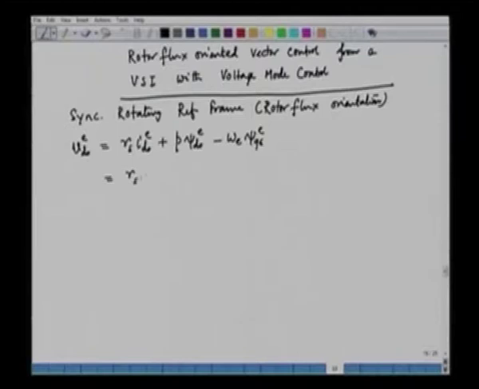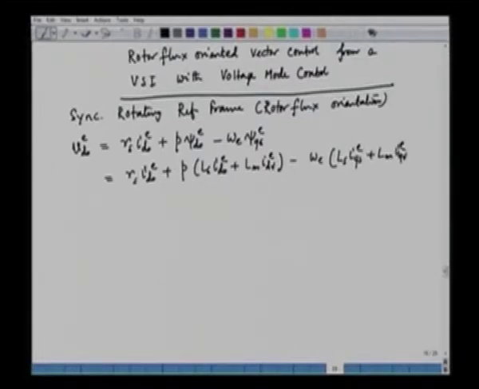That's equal to RS IDSE plus, we can replace this psi DSE by the currents LS IDSE plus LM into IDR minus omega E into, again we can replace this psi QSE by its currents LS IQSE plus LM into IQRE.